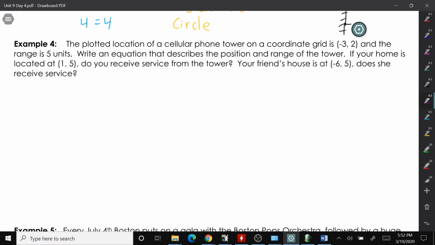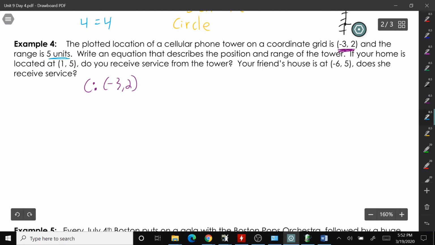The plotted location of a cellular phone tower on a coordinate grid is -3, 2. So that's our center. And the range is 5 units. So that's our radius, because I can go 5 units in every direction. Write an equation that describes the position and range of the tower.